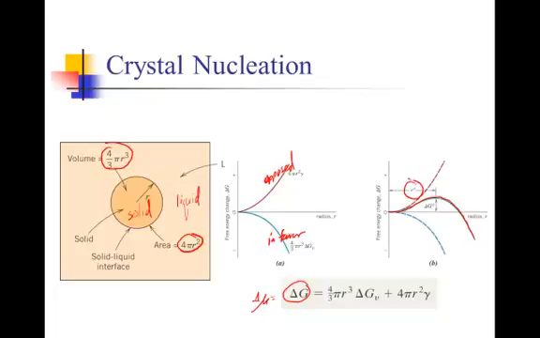So if the atoms in the liquid are vibrating and they vibrate together in the form of a solid crystal that has a radius of r star or larger, then that crystal nucleus will be stable and will remain. And if it's smaller than r star, the critical radius, then it's not stable and they will dissolve back into the liquid.